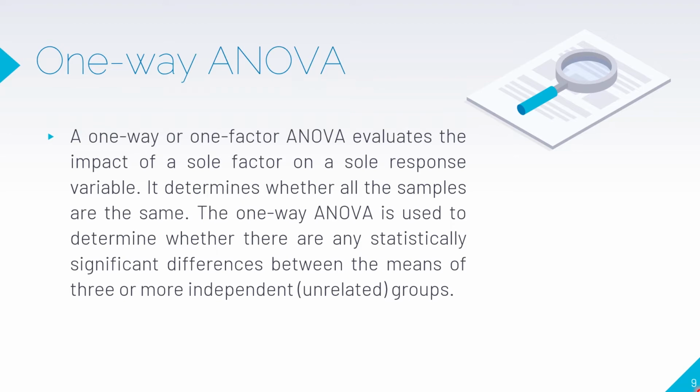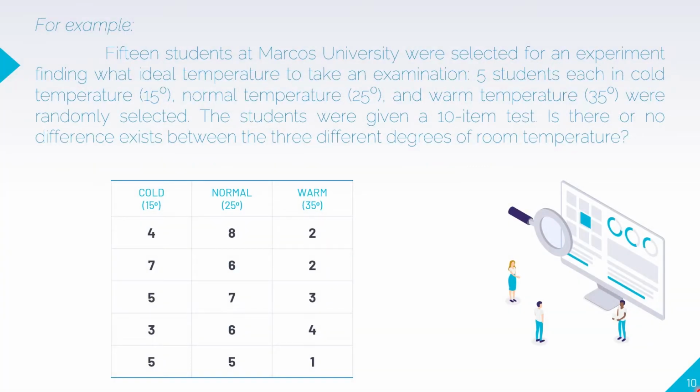For example, 15 students at Marcos University were selected for an experiment finding what ideal temperature to take an examination. There are 5 students each in cold temperature with 15 degrees, normal temperature with 25 degrees, and warm temperature with 35 degrees were randomly selected.